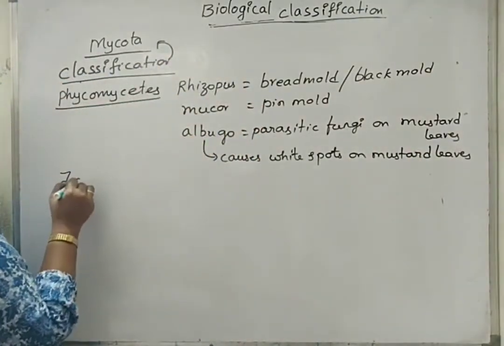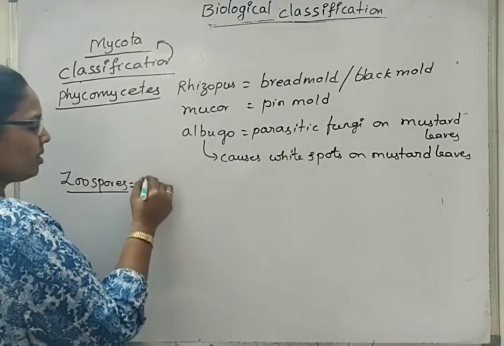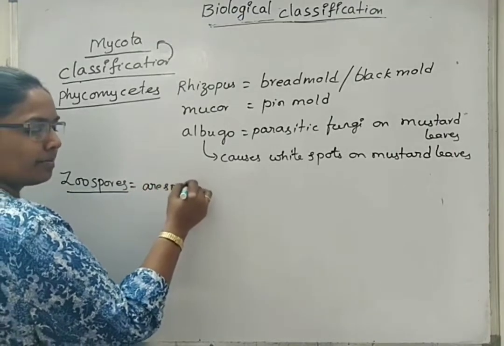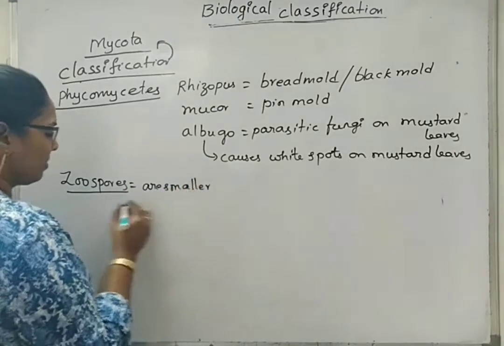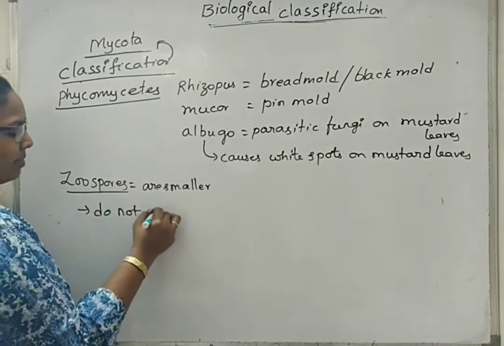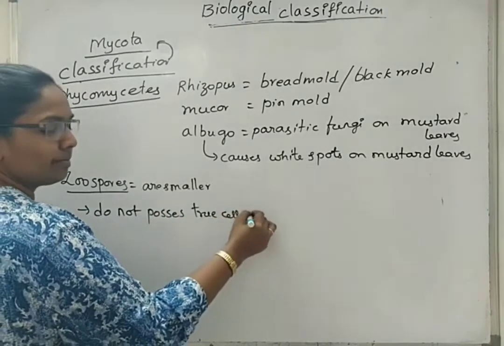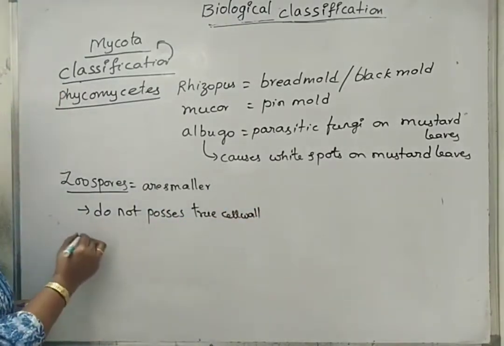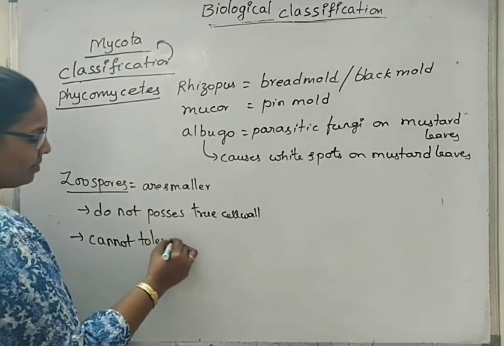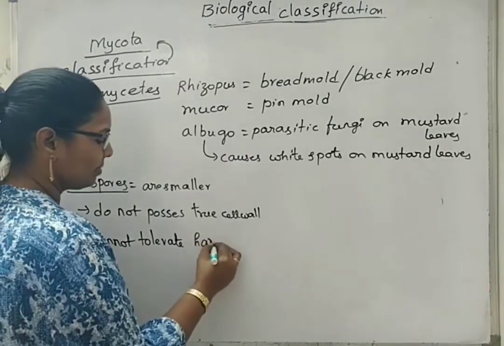Now, what about zoospores? Zoospores are smaller in size, they do not possess a true cell wall, and they cannot tolerate harsh or abnormal environmental conditions.